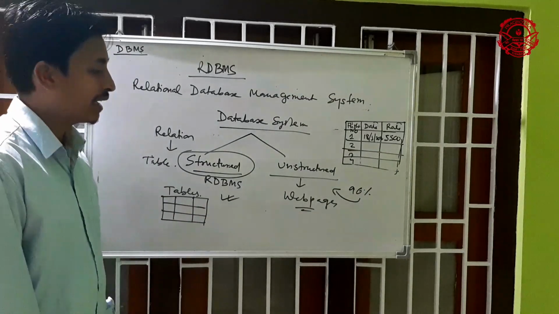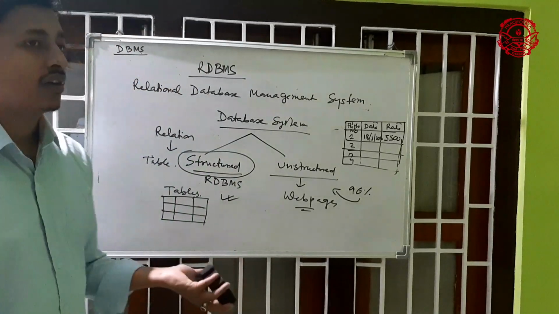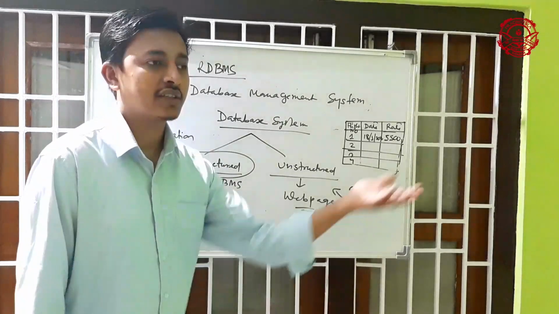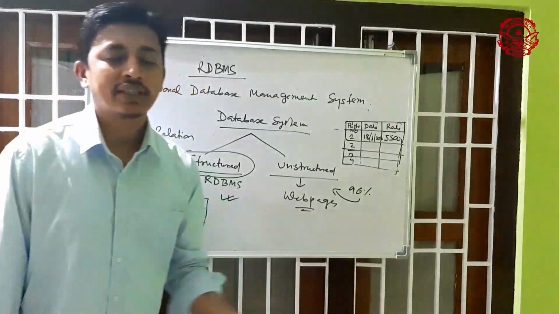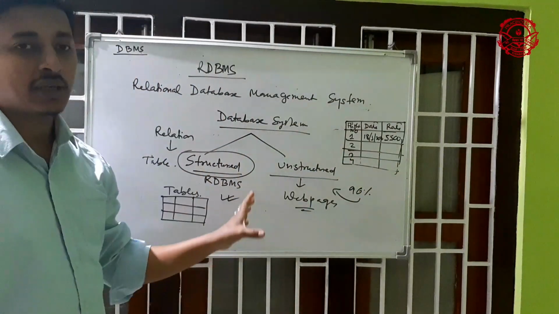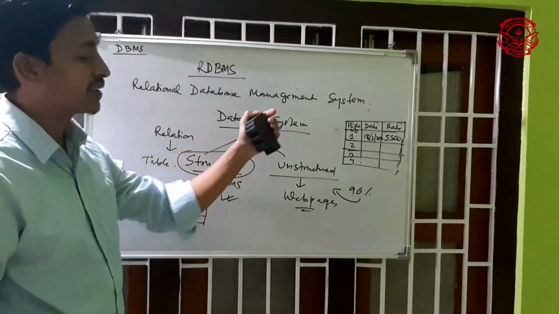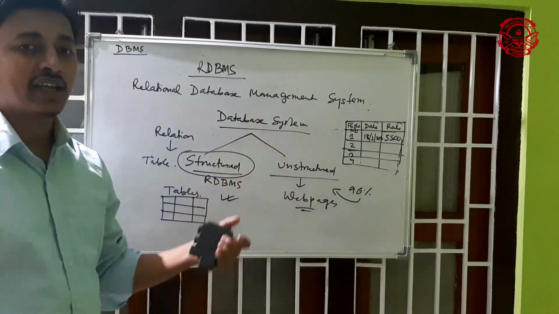Whenever you are using, say, Flipkart, when I search any mobiles, like Samsung Galaxy S20 or S10, various formats come. This S10 range means S10, S20, S9, S10.